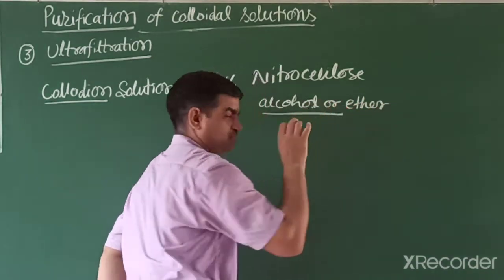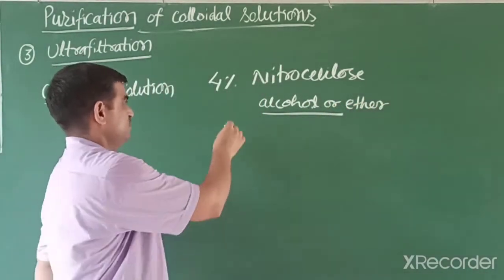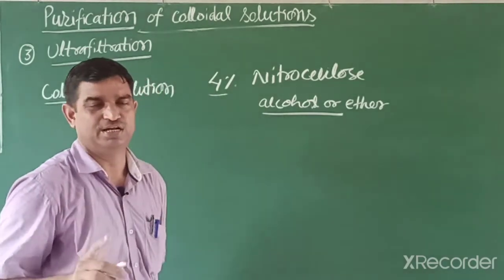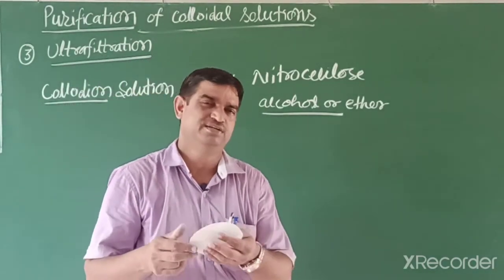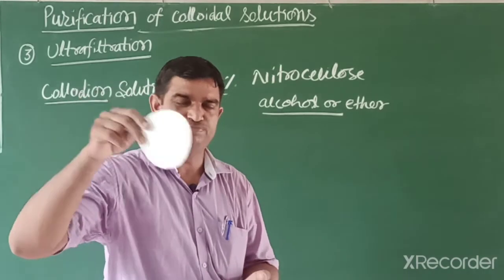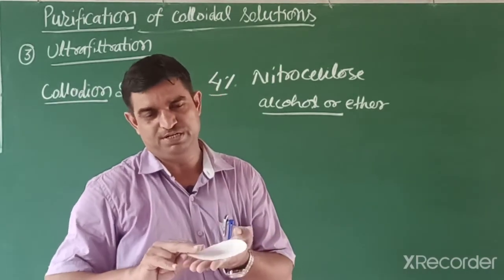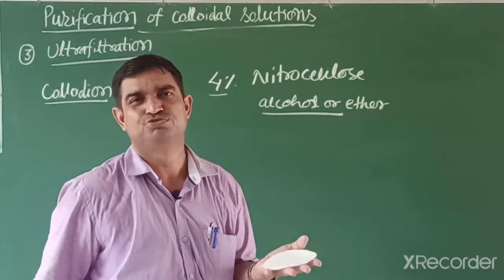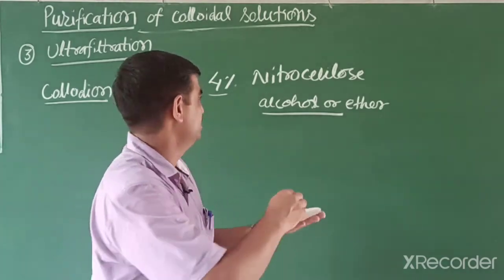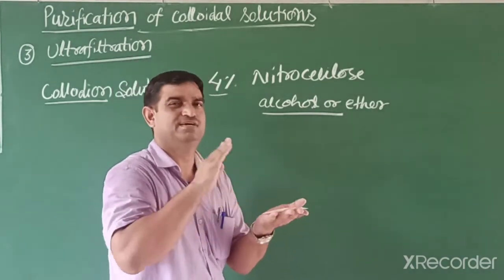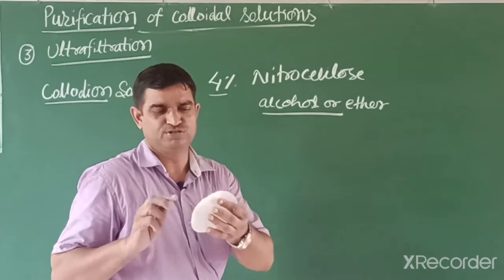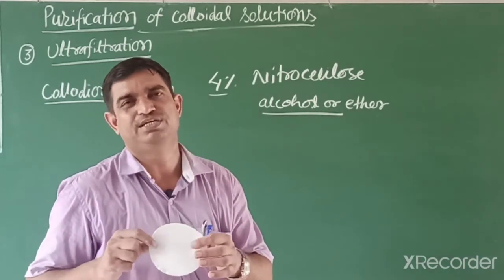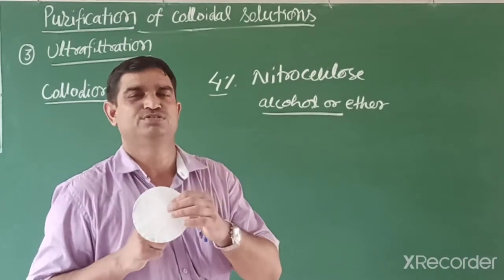If we prepare this special solution and dip the filter paper in it, then what happens? Its pore size is reduced because the nitrocellulose deposits on the filter paper. So its pore size reduces and only a true solution can pass through.